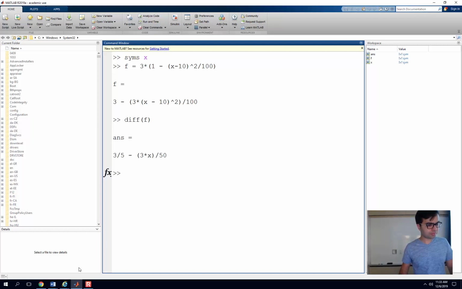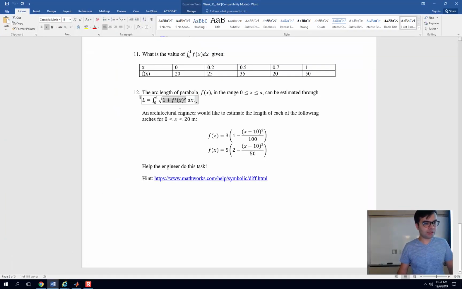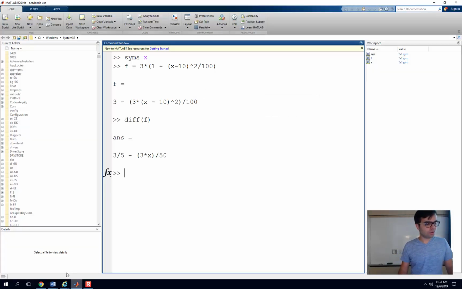Now, I can either solve this through symbolic and analytical solution, which is int, or I can do adaptive quadrature, which is integral. So let's do int first. My function that goes into int is square root of 1 plus f prime squared. So I go back here, my function g is sqrt of 1 plus f prime squared, and f prime is basically, or derivative is basically this.